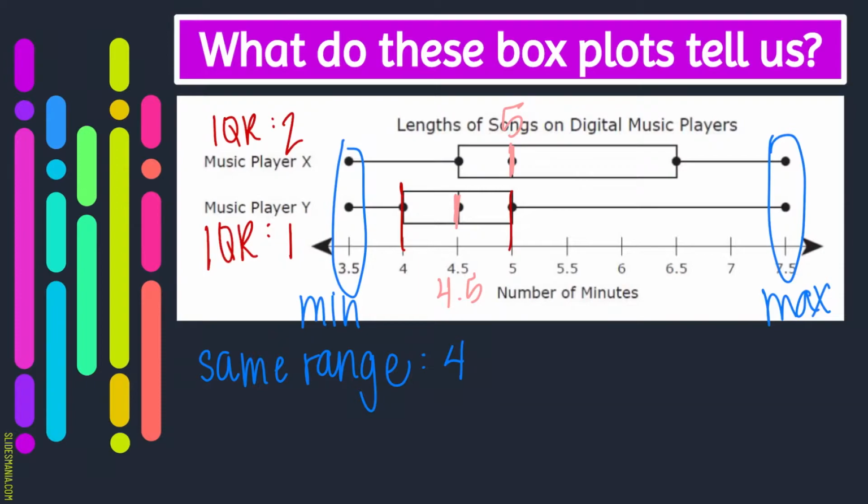So while they have the same range, so their minutes goes from the same smallest value to the same greatest value, music player Y actually has the most of their songs inside the 4 to 5 minute range, whereas music player X goes all the way from 4.5 to 6.5. So player X has more variability. And variability means it has a greater difference in kind of how spread apart the data is.